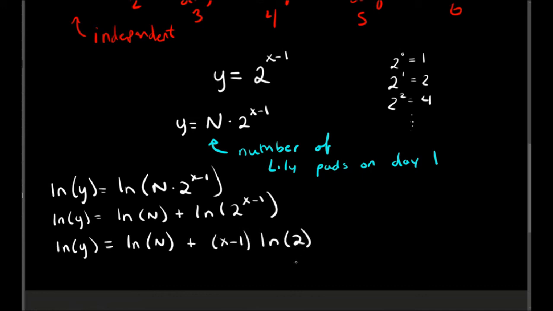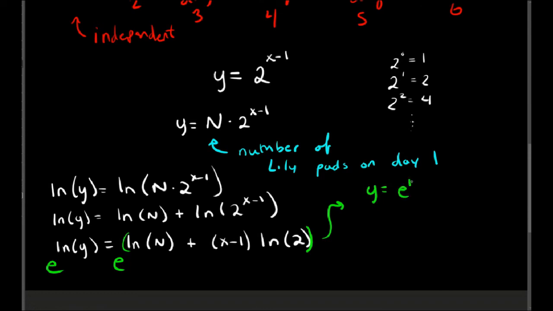And then, to get rid of my natural logs, I'm going to take the exponential of both sides. So I'm making both sides the exponents of Euler's number. On the left-hand side, e to the natural log, those cancel. I'm just left with y.